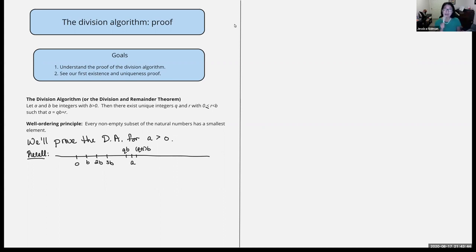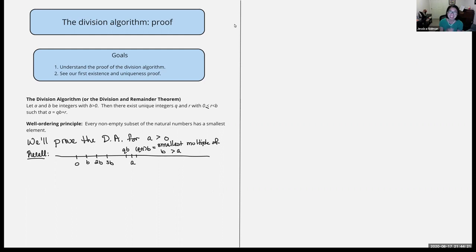So we said that QB in the division algorithm is the multiple of B that's closest to A, but still to the left of A, so that the next multiple of B, which is (Q+1)B, has to be to the right of A, and this one is equal to the smallest multiple of B that's to the right of A, or greater than A, okay?